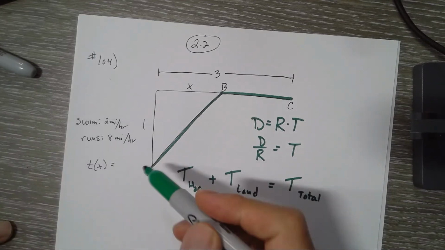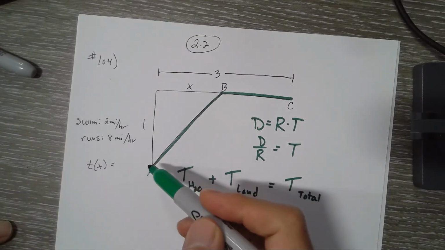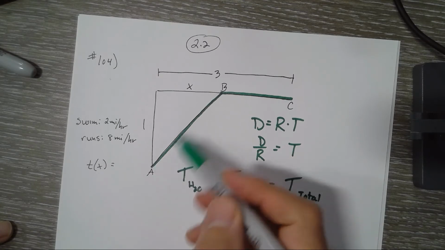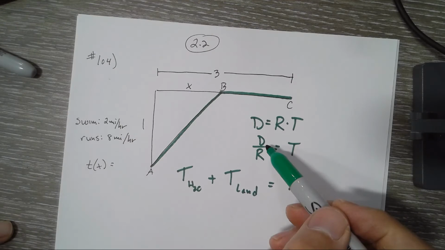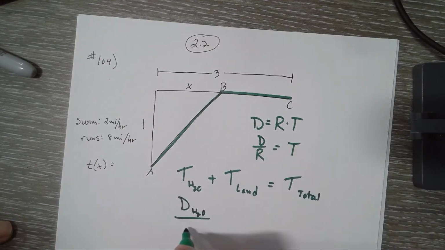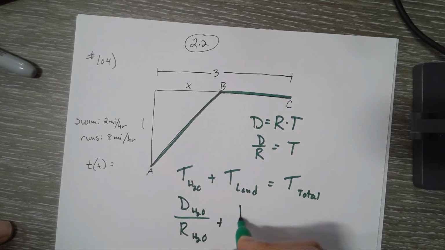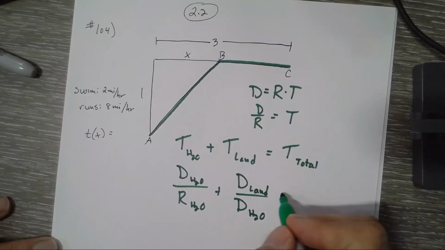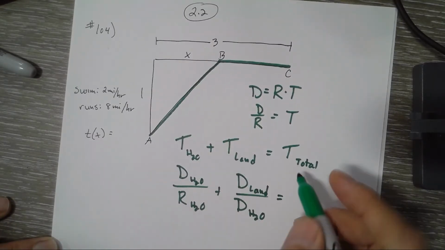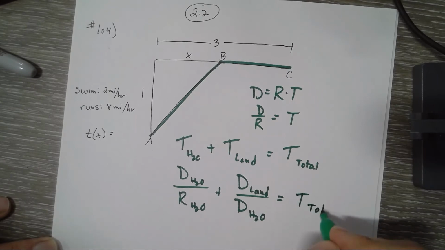Okay, and this is the path. So we want to figure out the time in the water, the distance in the water divided by the rate in the water, plus the distance on land divided by the rate on land. That's equal to still the time total. Alright, so that's kind of the groundwork.